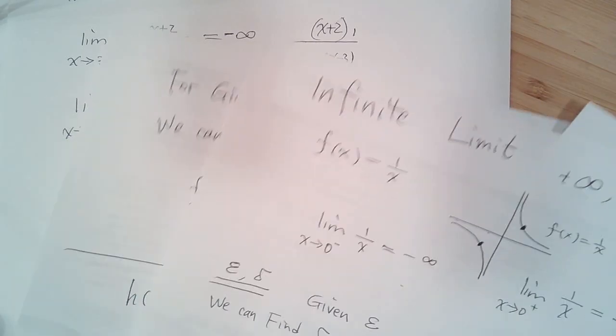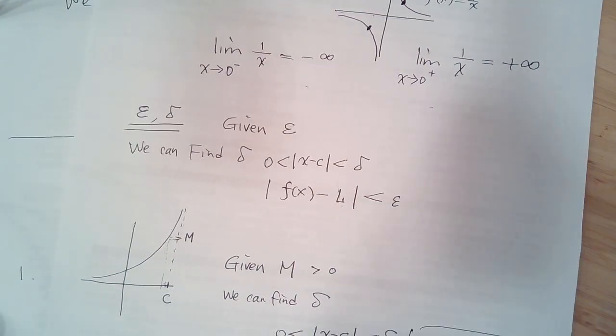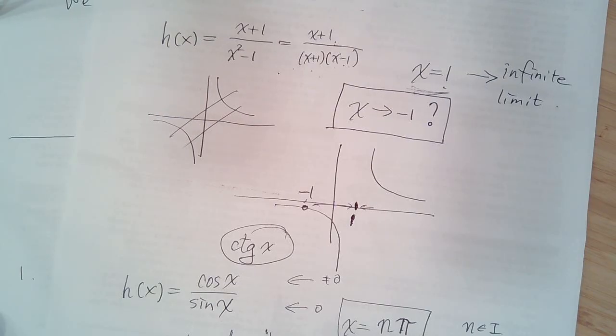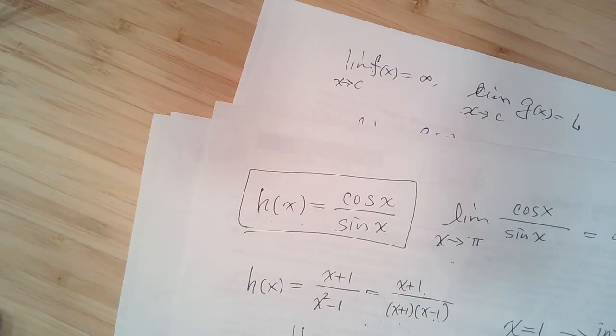I have many graphs to show you the vertical asymptotes. See, this is the vertical asymptote, right? See, 0, pi, 2 pi, and that's the cotangent. That shows you where you get the asymptote.